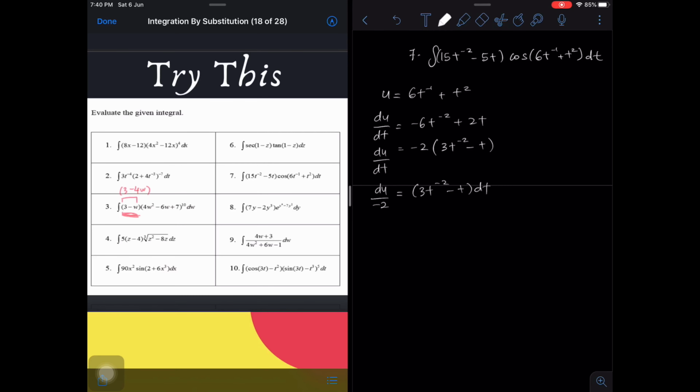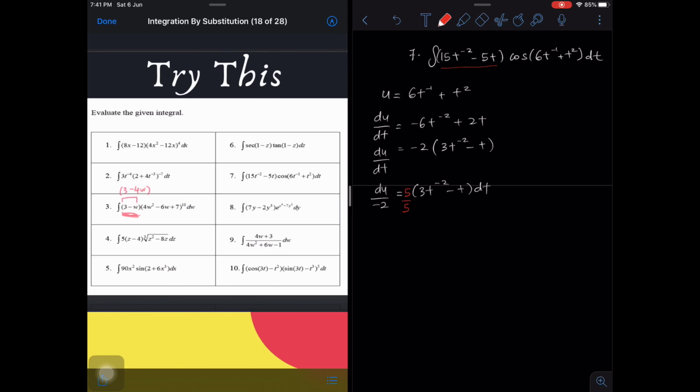Okay, this is a little bit tricky. If you see in this integral, we have 15t to the power of negative 2 minus 5t, but here we only have 3t to the power of negative 2 minus t. Therefore we actually need another 5 in front here, but we cannot simply add 5 because it will change the original value, but we can divide by 5.